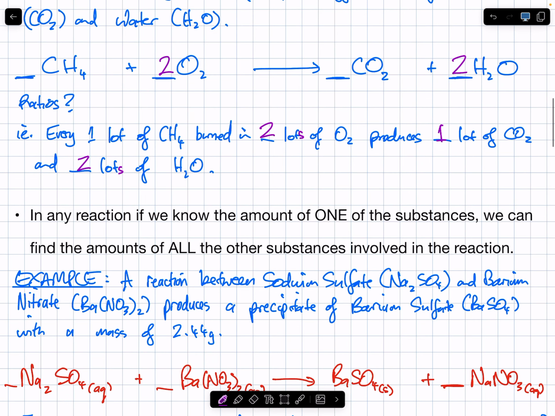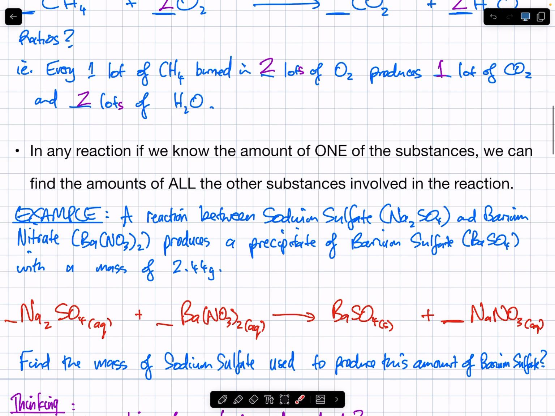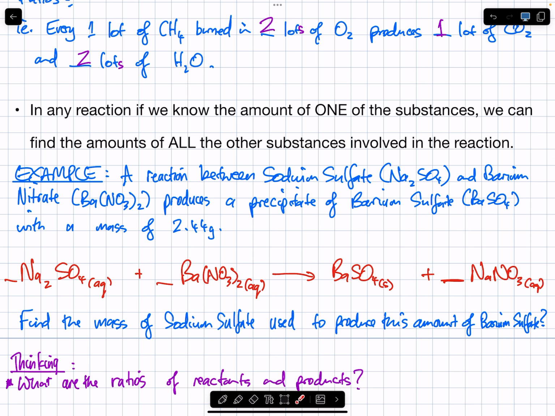So in any reaction, hopefully you see from that, if we know the amount of one of the substances, we can find the amounts of every other substance involved in the reaction. So this is a reaction between sodium sulfate, Na2SO4, and barium nitrate, Ba(NO3)2, which produces a precipitate of barium sulfate with a mass of 2.44 grams.